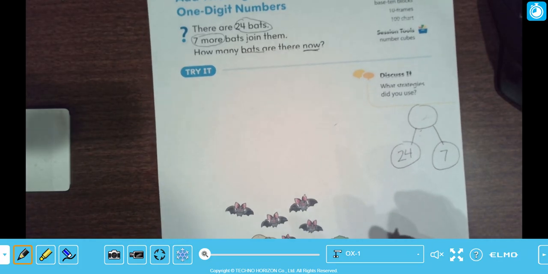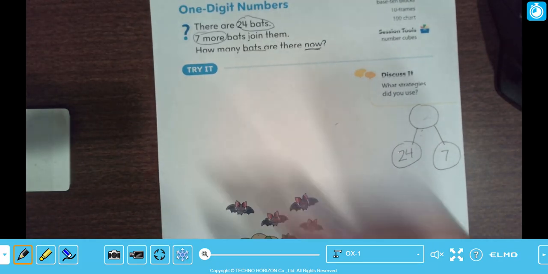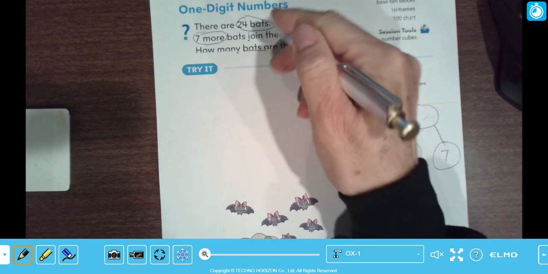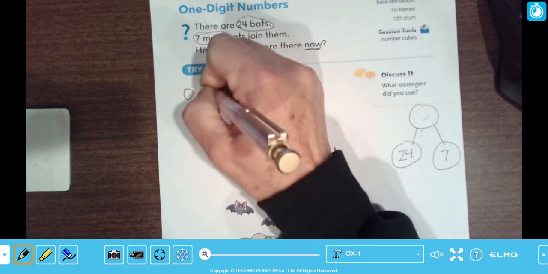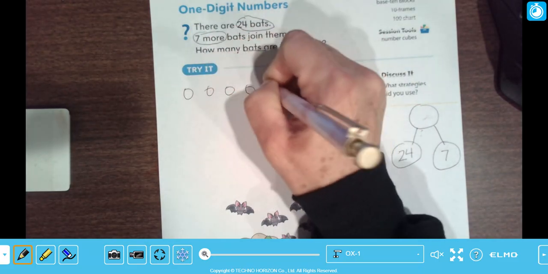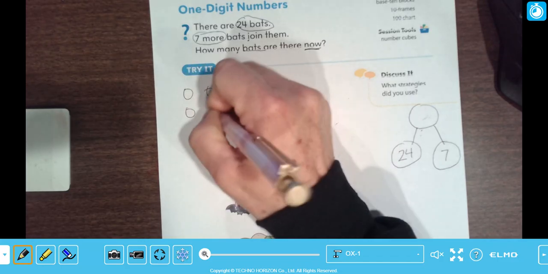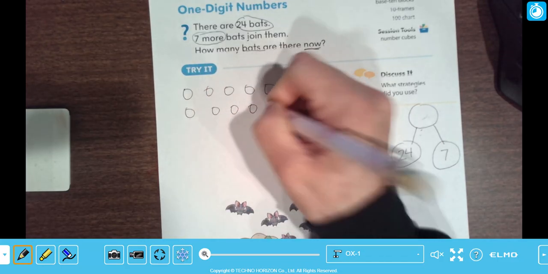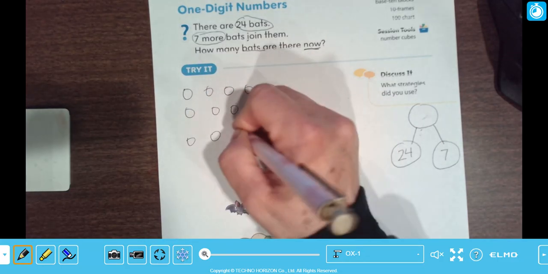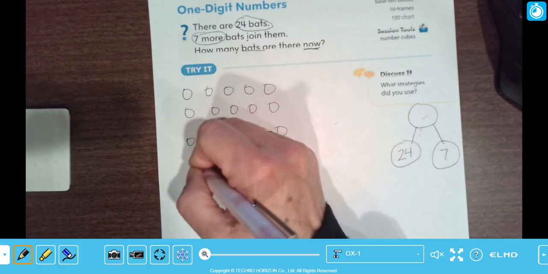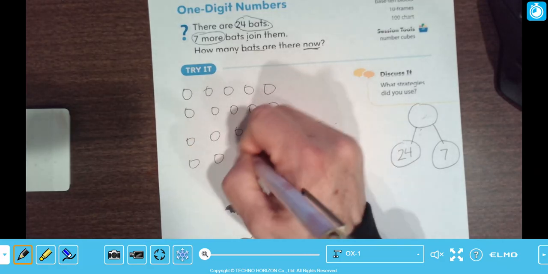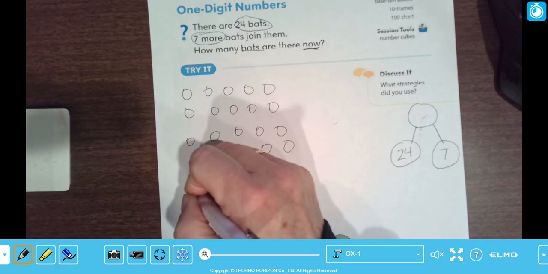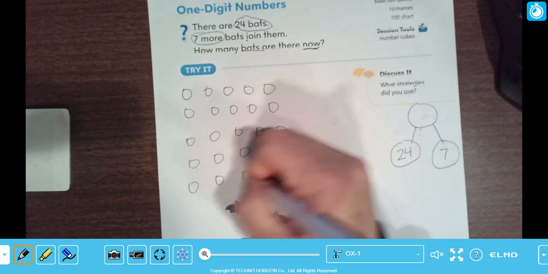So let's draw a picture. Okay? Let me see how many at the beginning. 24. 1, 2, 3, 4, 5, 6, 7, 8, 9, 10, 11, 12, 13, 14, 15, 16, 17, 18, 19, 20, 21, 22, 23, 24.